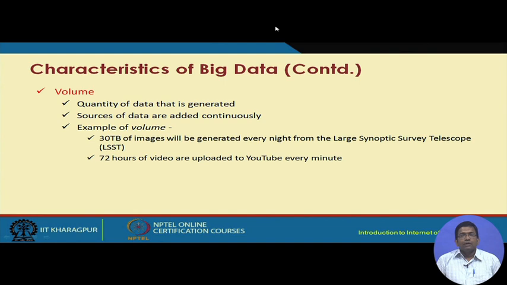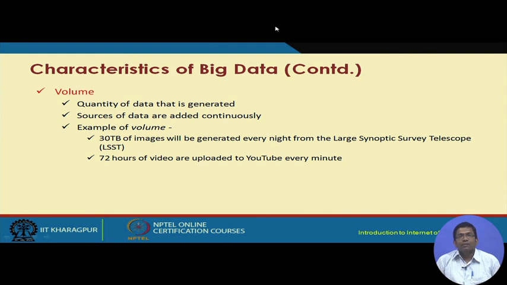Volume. Big data is characterized by large volumes of data, and the quantity of data generated is huge. We are talking about several terabytes of data, of images, video, and so forth. On YouTube, in every minute, 72 hours of video are uploaded.